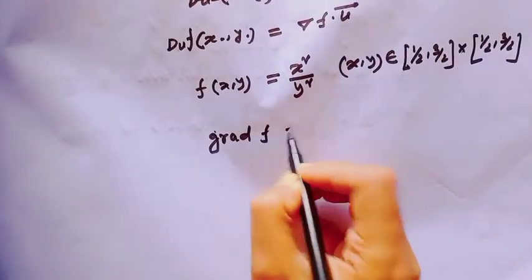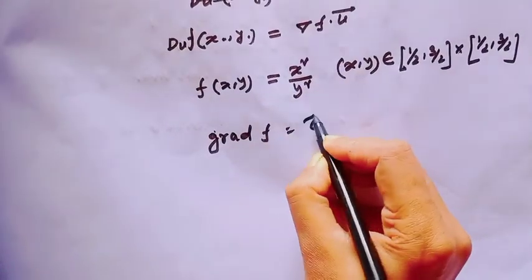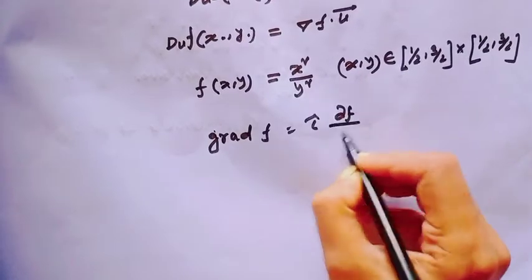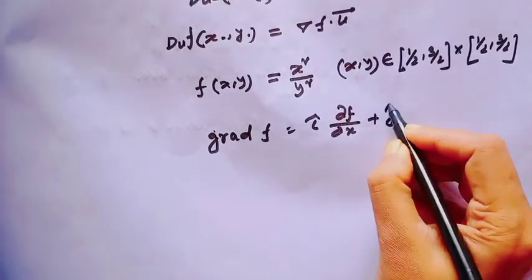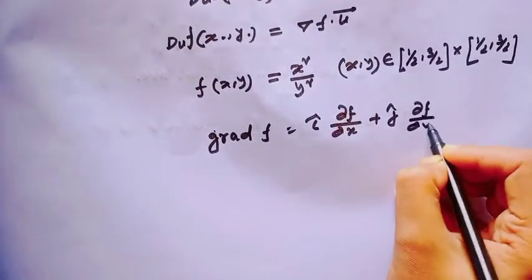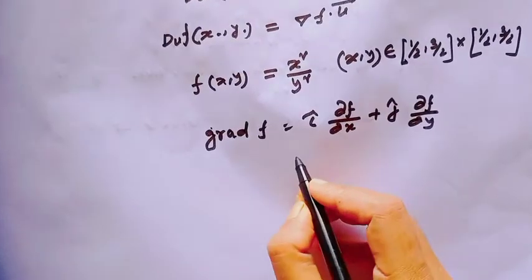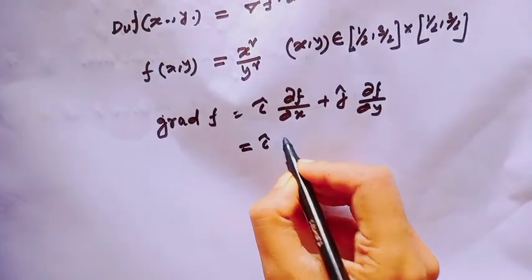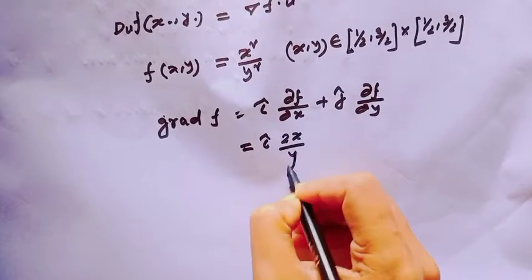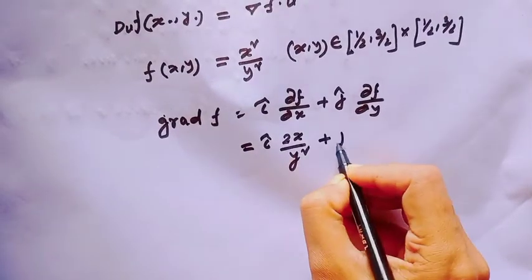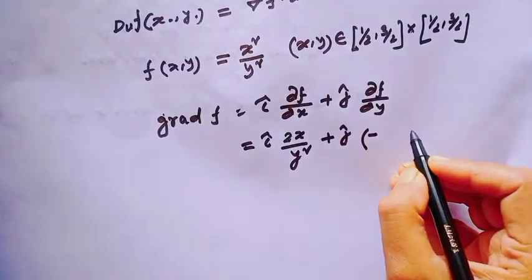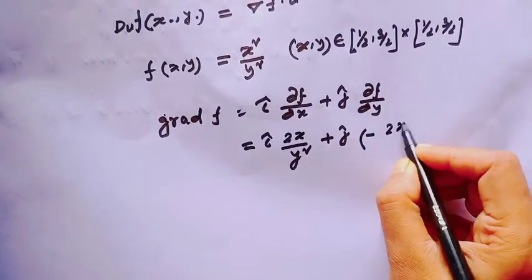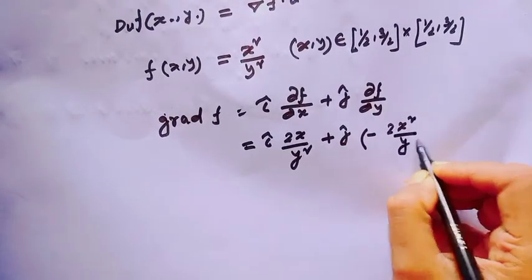Grad f equals, we all know this formula, i ∂f/∂x plus j ∂f/∂y. Okay, and this value would be: i times ∂f/∂x, which is 2x/y², plus j times ∂f/∂y, which is -2x²/y³.